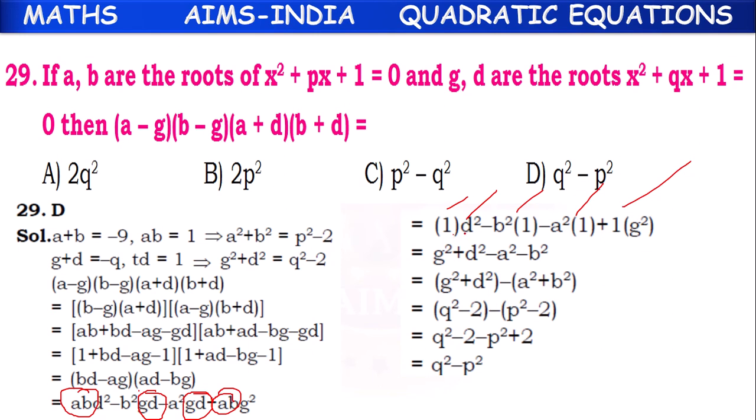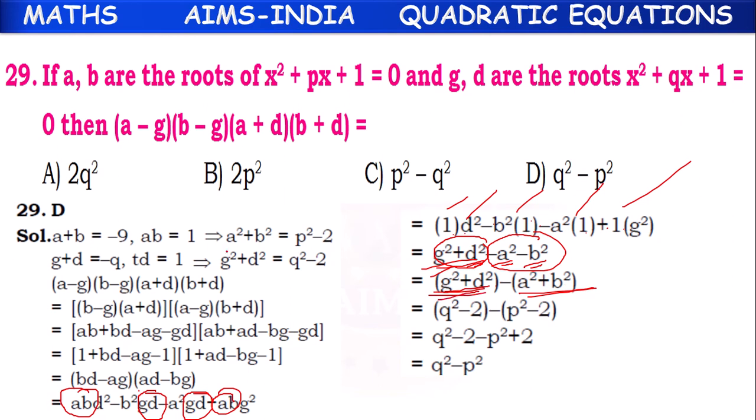So again 1 into δ², 1 into β², 1 into α², 1 into γ². Plus terms we are writing first, then minus terms. Plus terms we can write in one bracket, and if we take minus common from the minus terms, plus will come. So minus of (α² + β²) will come.